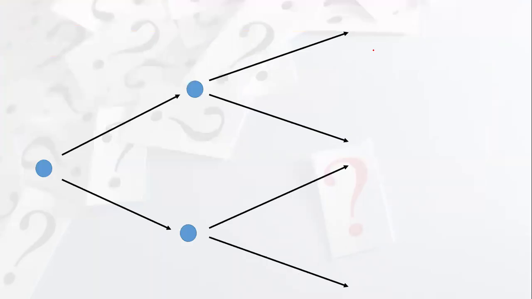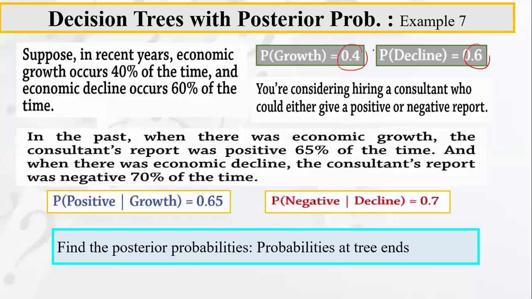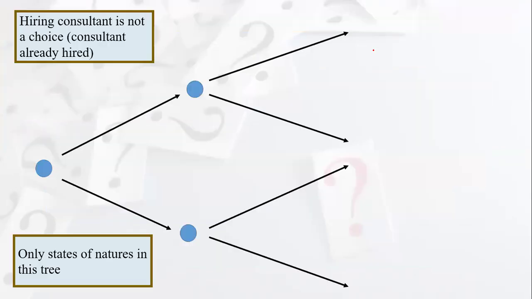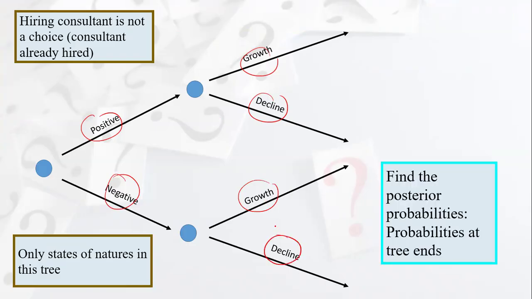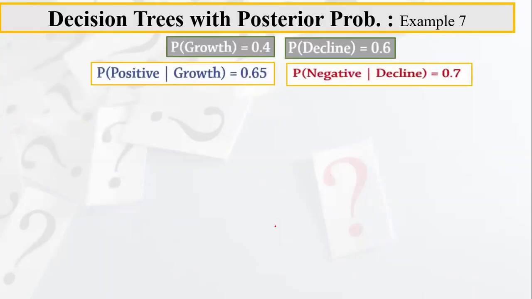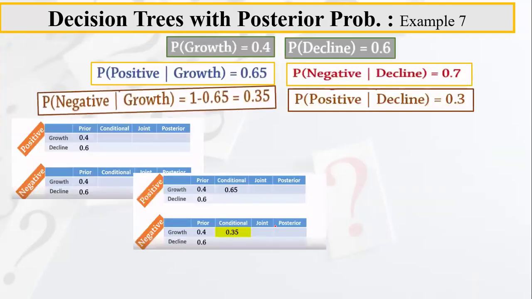So, if you put this into a probabilities chart here, the report is positive, there is a growth and decline. The report is negative, there is a growth and decline. So, he gave you the probabilities, you put the probabilities in the chart and then try to evaluate them.